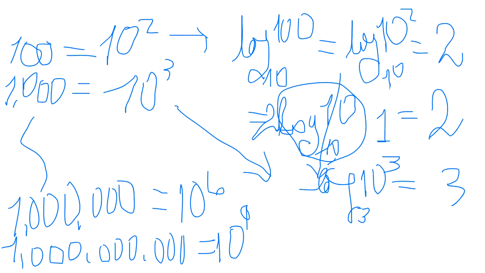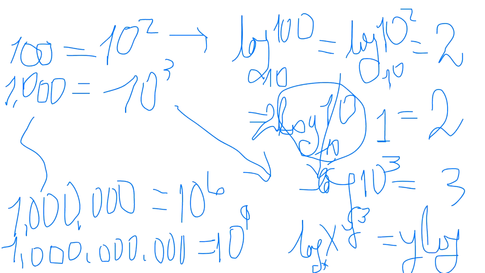Now, it's this property of log, in other words, when you have log of x raised to y, of course, we assume that the base is x, then you can write it as y times log of x, right? And what does this mean?